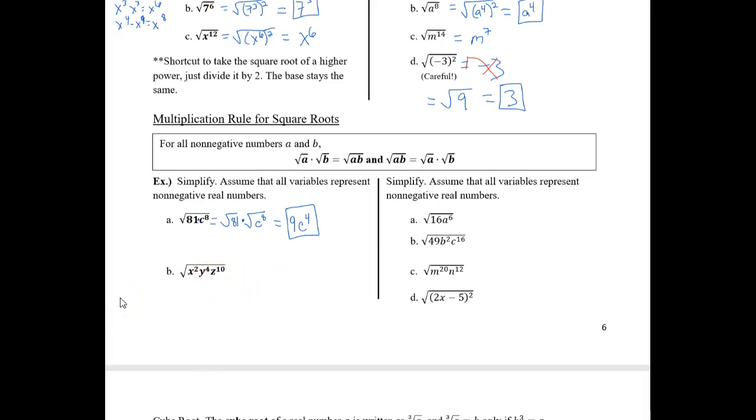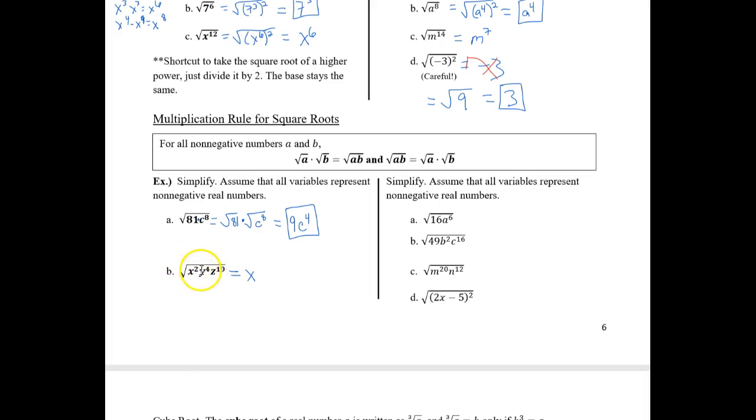So for example, this part B, I have the square root of x squared. Well, square root of x squared is x. Again, I'm assuming all of these variables are non-negative real numbers. Next, I have the square root of y to the 4th. Do not take the square root of 4. That's not the idea here.